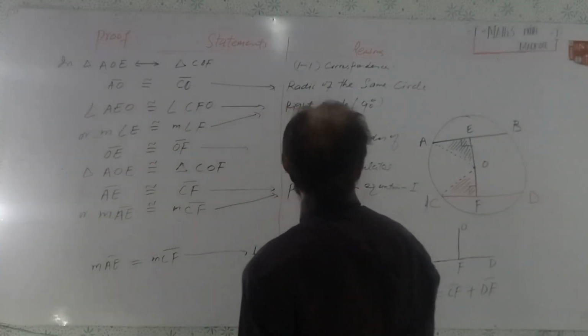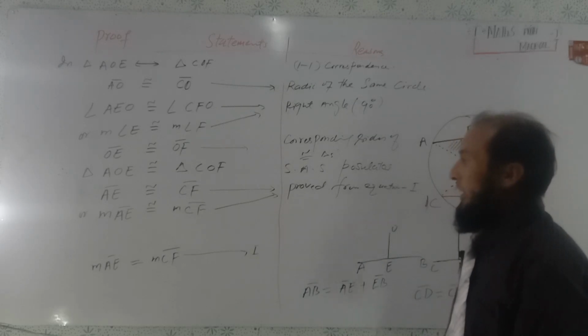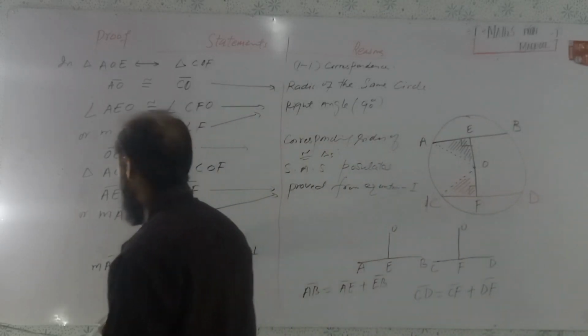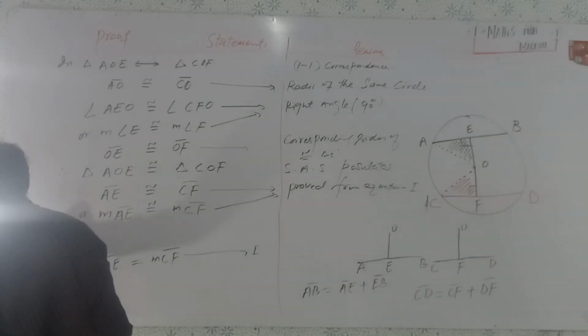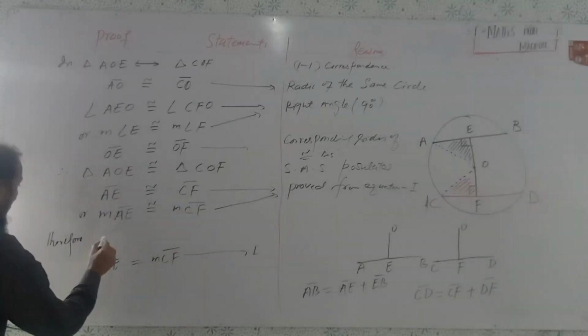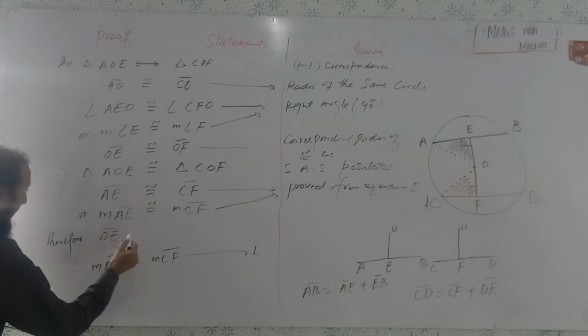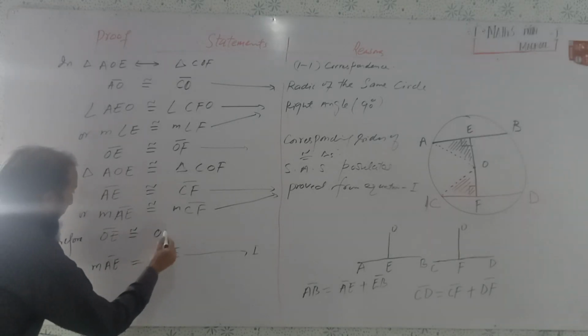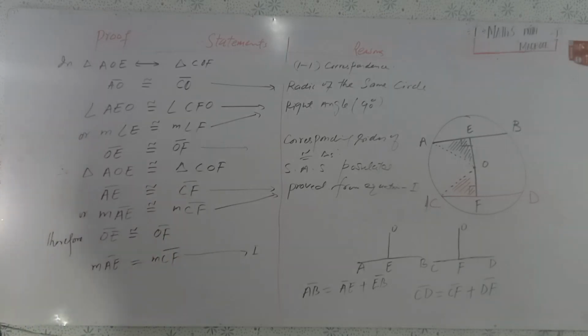So if they are congruent, they are equal. Therefore we can say that OE is congruent to OF, which is perpendicular.